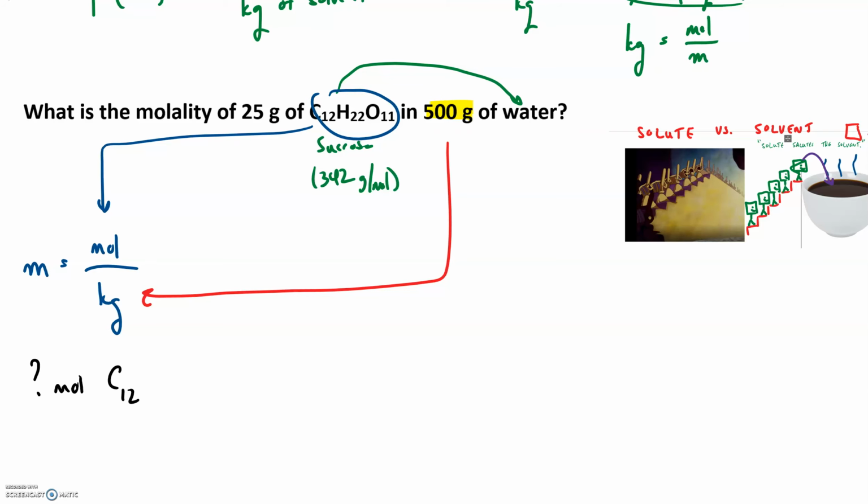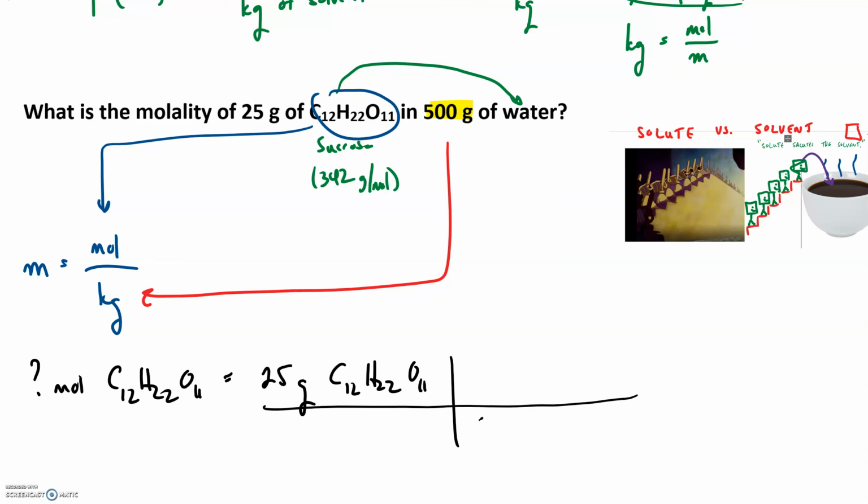How many moles of our solute C12H22O11 are 25 grams of C12H22O11? If we know that the molar mass is 342 grams in 1 mole. And you guys have been doing this since chapter 3.